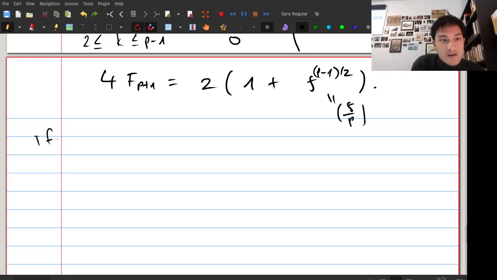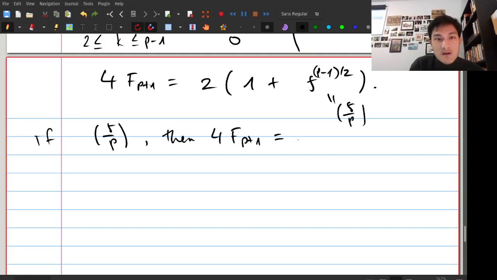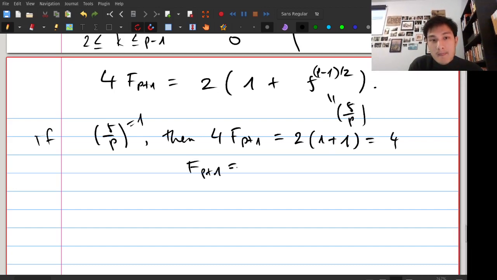So if 5 is a square mod p, then 4 f p plus 1 is equal to 2 times 1 plus 1, right? If this is equal to 1, then that's equal to 4. So f p plus 1 is equal to 1.